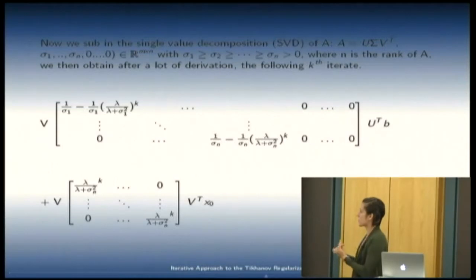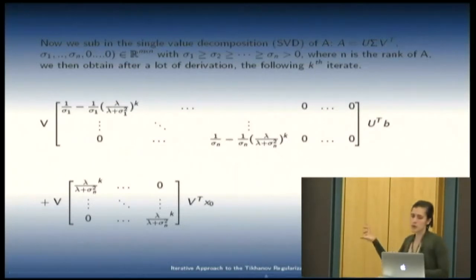All I have to know is the sigmas, the lambdas, and then I have to choose a k, the number of iterations. So that's what's going into my package called inverse problem. It's on PyPI. It's also on my GitHub account. I'll give you the links at the end if you want to try inverting some ill-conditioned matrices. So that's what's getting programmed. I'll show it to you in a second.